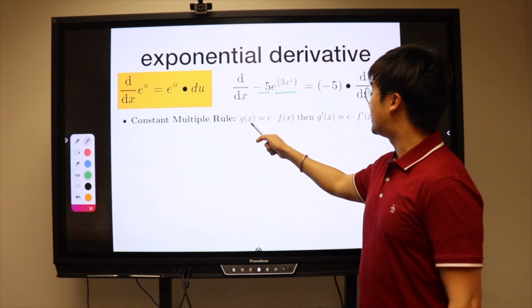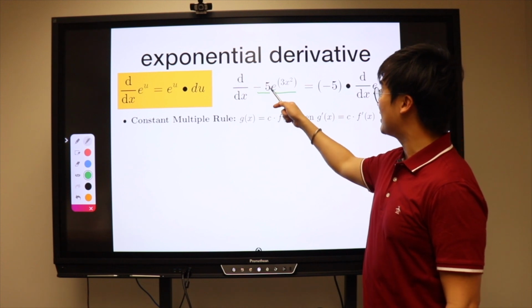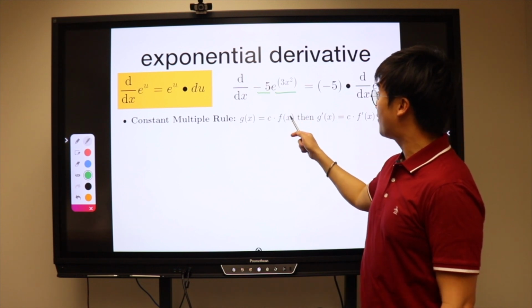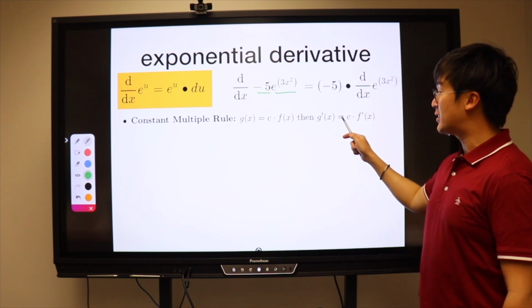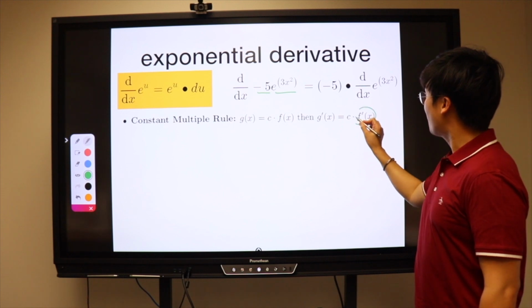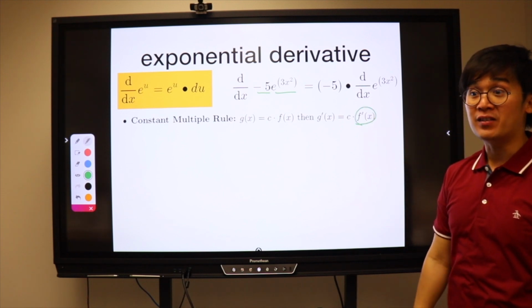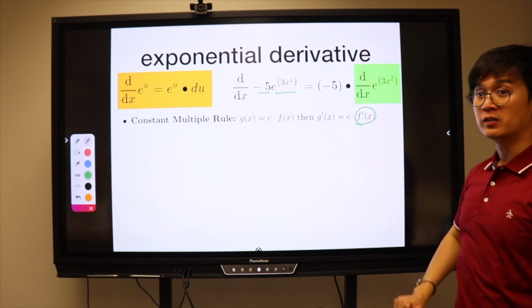That if we have g of x, which is equal to c times f of x, in this case, c is negative 5, f of x is e to the 3x squared, you can find its derivative by setting aside the constant and just focusing on finding the derivative of the function. And in this case, you're just going to focus on this.